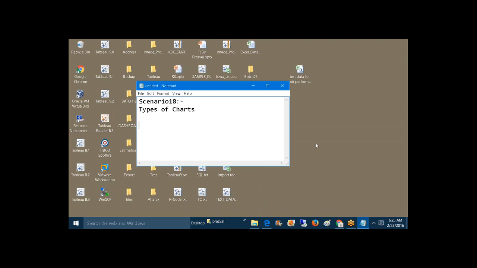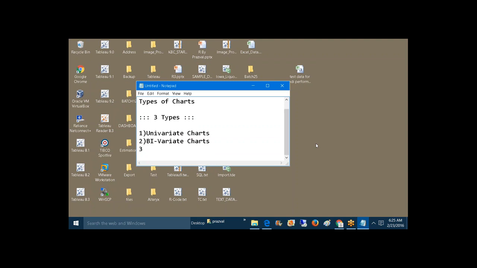Charts are divided into three types. Number one, univariety charts. Number two, bivariety charts.